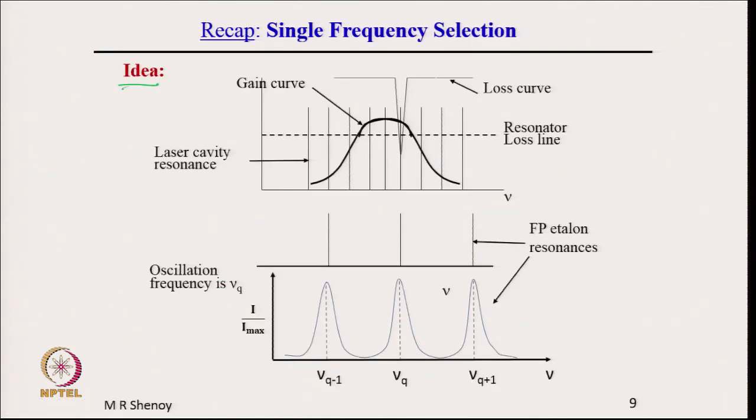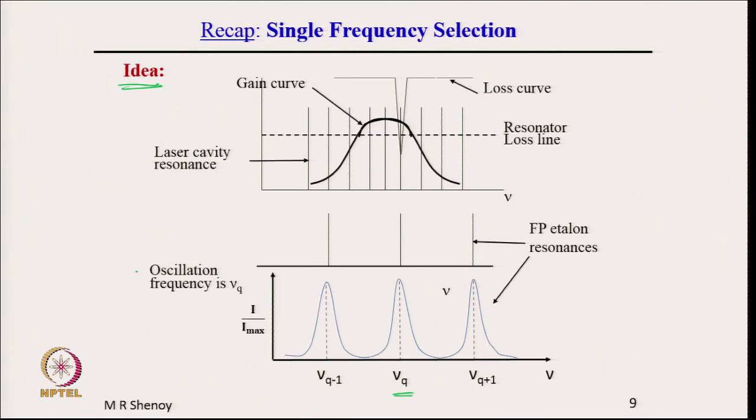The idea is illustrated here. The idea used to select a single frequency is this: if we somehow make the loss high for all other resonance frequencies except one, then we will be able to choose only one.